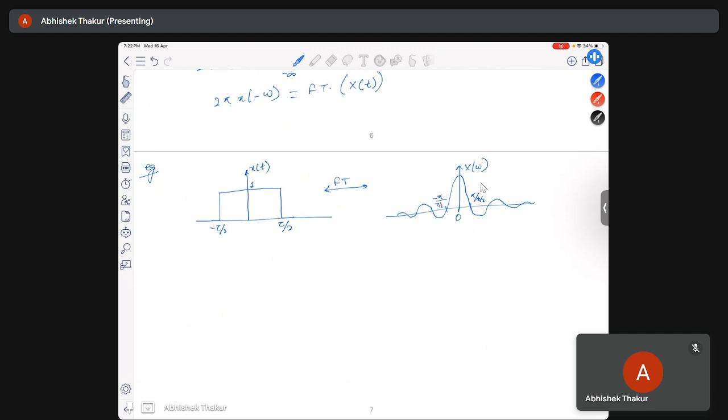So now whenever we take the Fourier transform of a sinc, now suppose the sinc is in the time domain. Here it was in the frequency domain.